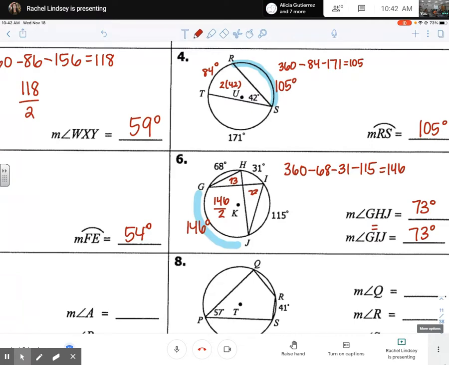What's 360 divided by 4? 90. 360 divided by 6? 60. What's the square root of 225? 15.